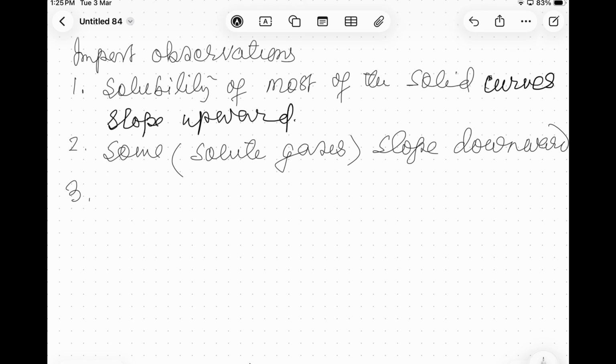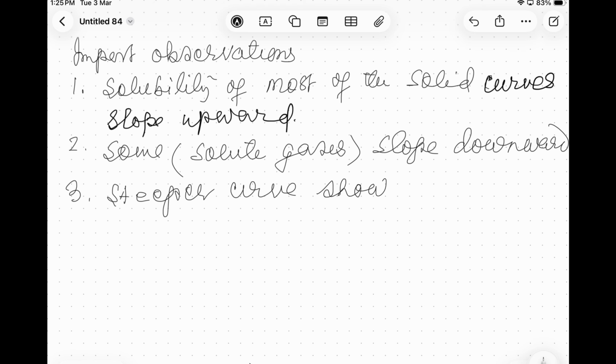Number three, steeper curve, greater temperature effect.